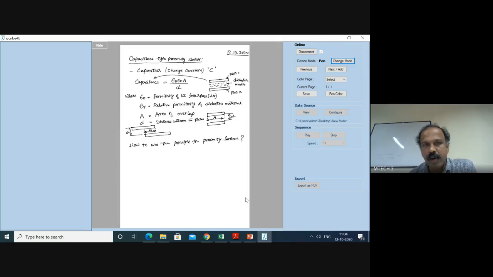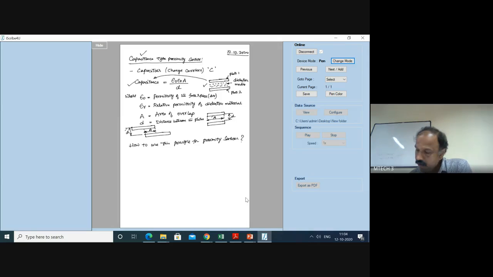We have not even started to understand the capacitance type proximity sensor. What we understood now is what we mean by capacitance. Capacitance C will be equal to epsilon naught epsilon r A by D, and we understood A, and then we understood what D is.